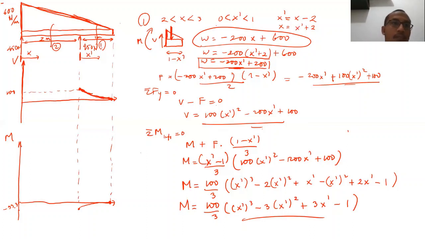And instead of using the left cut, I use the right cut. Why use the right cut? Because using the right cut, we know that the concentrated force representing the triangular distributed force will be 1/3 from the left side.